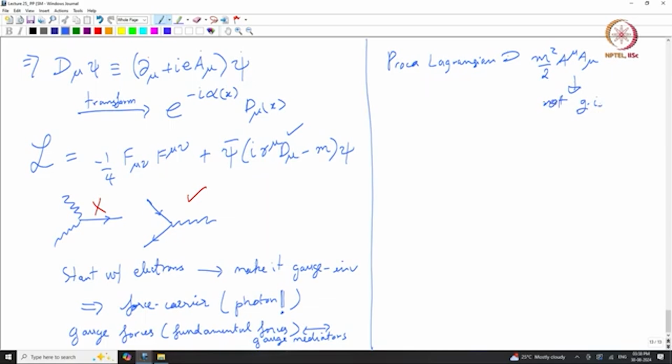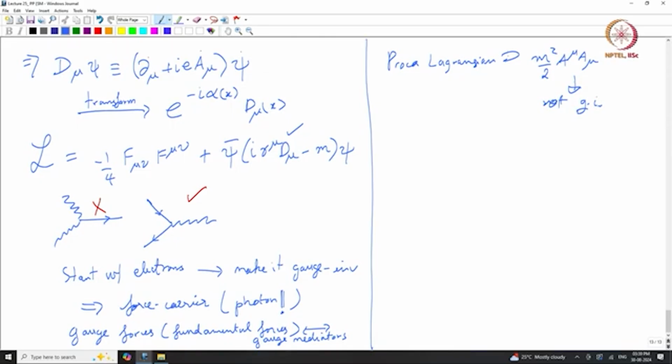But see, in real life, when we are talking about fundamental forces, we do talk about massless gauge bosons to begin with, okay. We will see that the W bosons, the Z boson, all of this in some form were actually massless to begin with, okay, and then mass came from symmetry breaking.